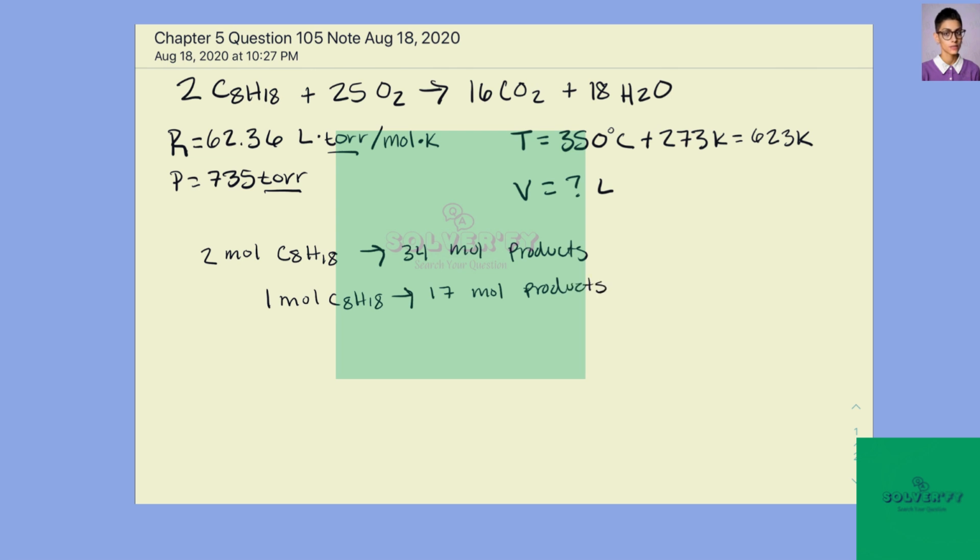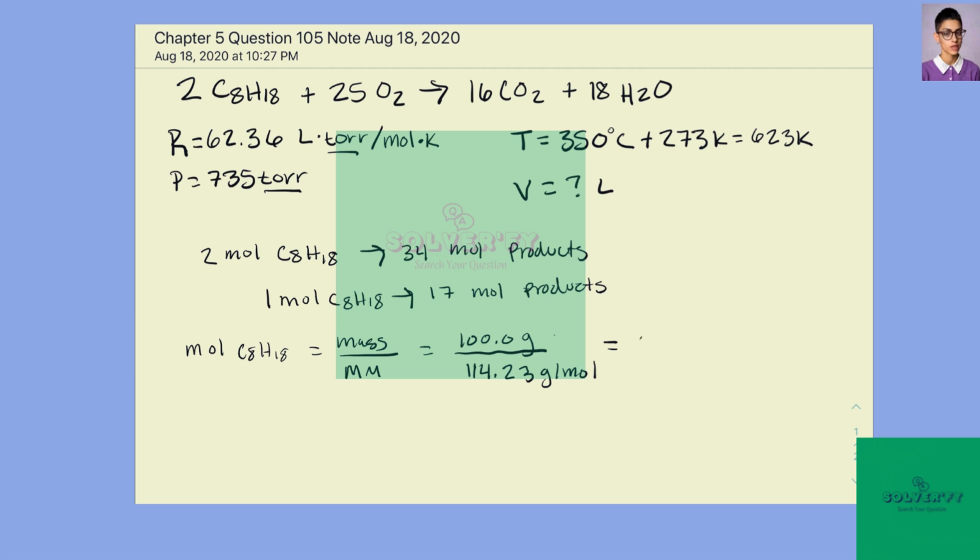All right, so for our moles of octane, that's going to equal our mass of octane that they give us over our molar mass. And they say that we have 100.0 grams, and the molar mass is 114.23 grams per mole. Grams cancel out, so we're left with moles.